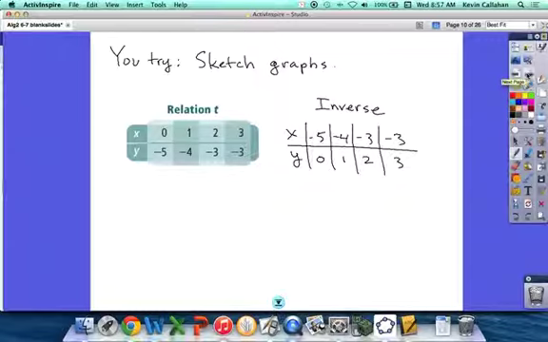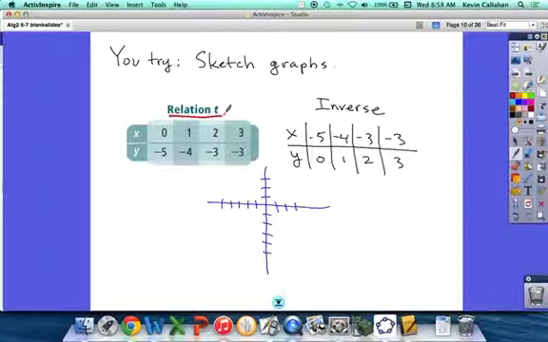Okay, now sketch their graphs. Graph the points and the inverse. Let's try red and make it a bigger dot.